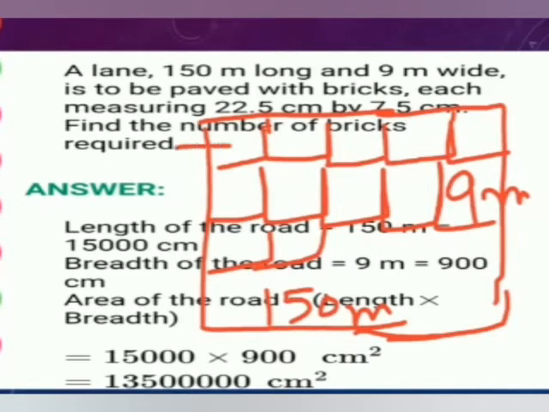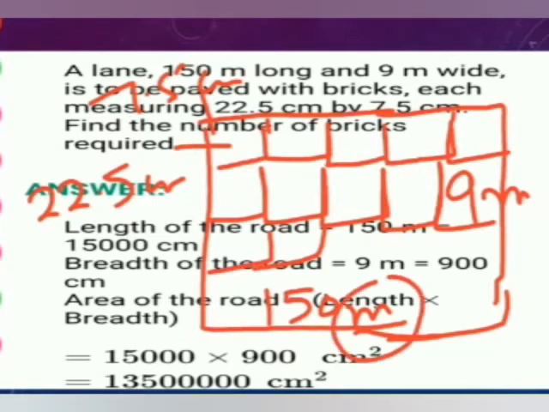And the dimension of each brick is given to you: 22.5 centimeter and 7.5 centimeter. If you see here, the road dimensions are given in meter, whereas the brick is comparatively very small, so its dimensions are given in the unit of centimeter.